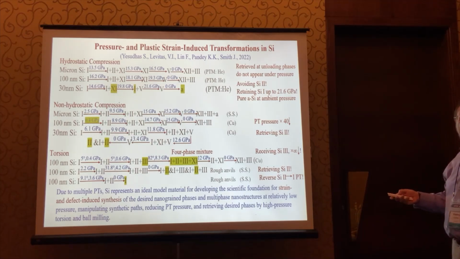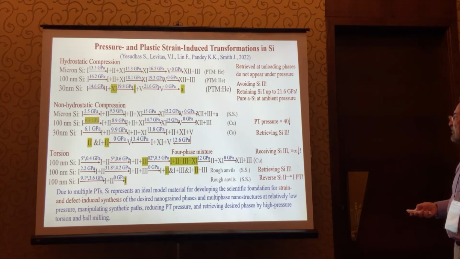It just disappears under unloading, despite the fact that our first principle simulation shows that it's metastable. We obtain it because we can produce phase transition at low pressure and can manipulate paths. We obtain silicon 2 here in mixture and even pure silicon 2 at some points, and also in torsion. After, you see 0 means unloading, we received silicon 2.